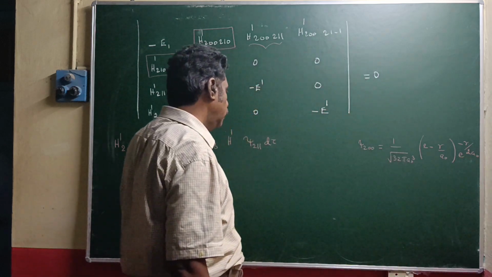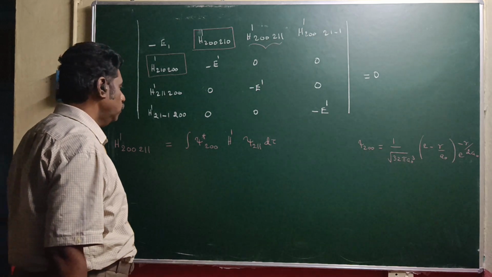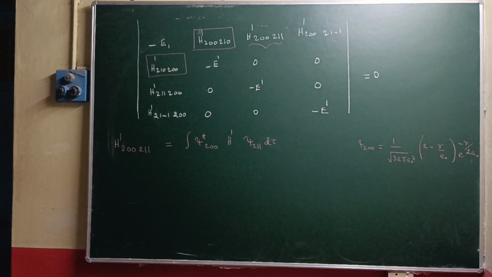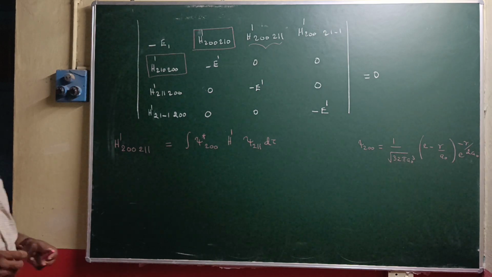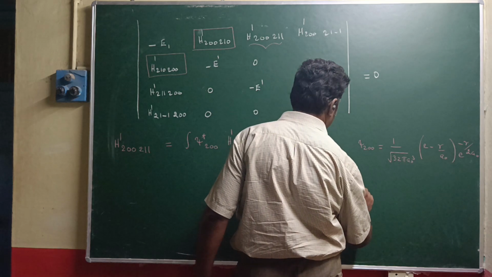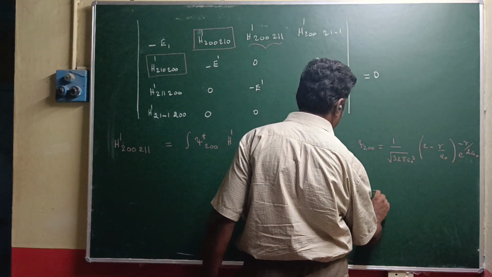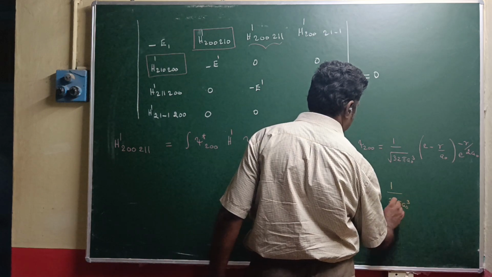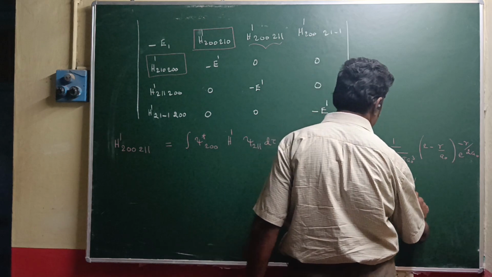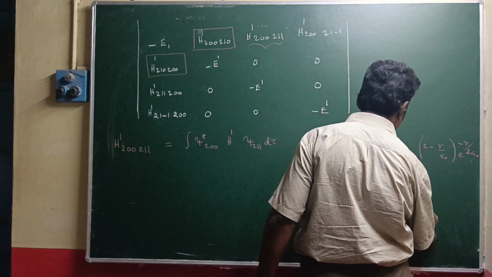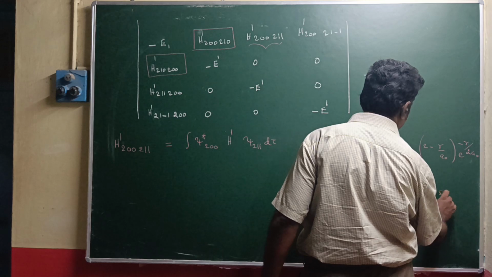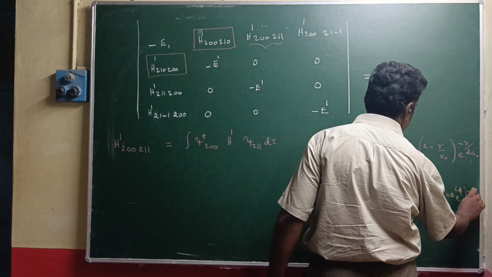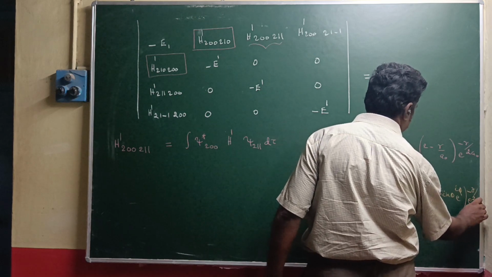This is the value of psi 200, and psi 211 equals 1 divided by 32 pi a0 cube inside the root, r by a0 into root 2 sin theta e power i phi into e power minus r divided by 2a0.